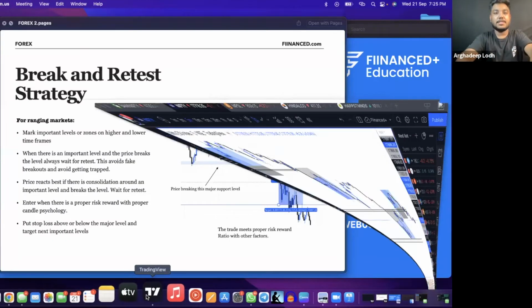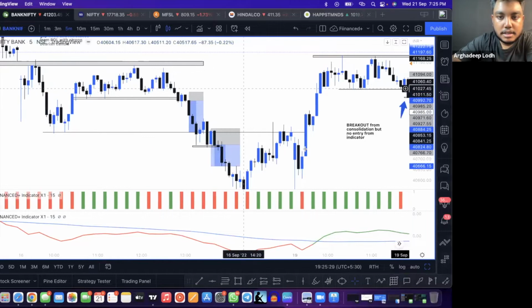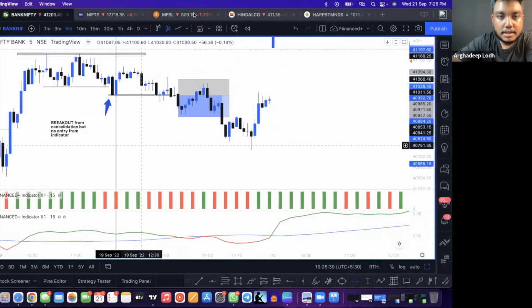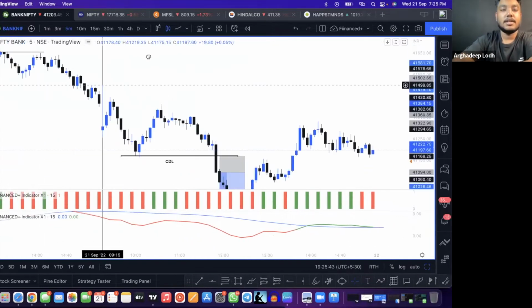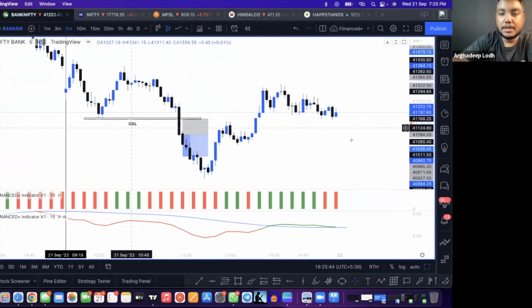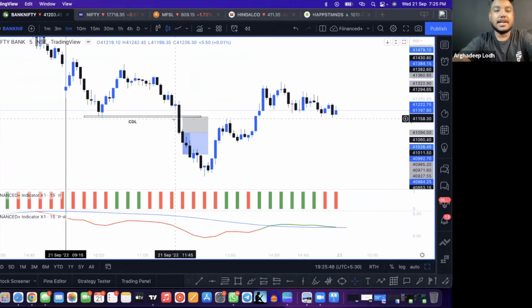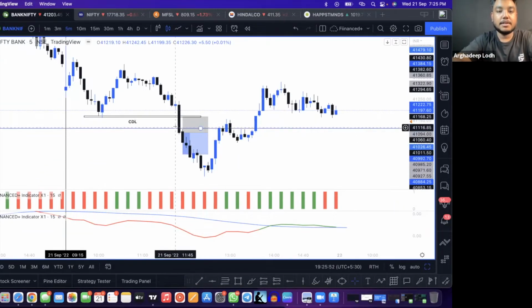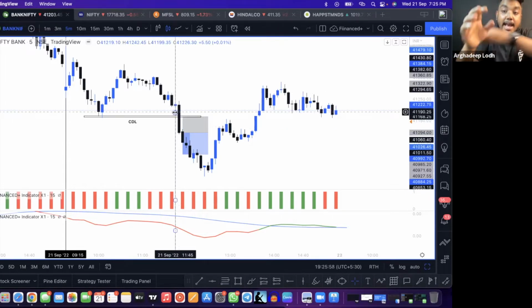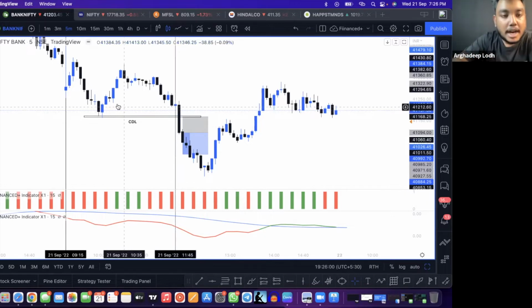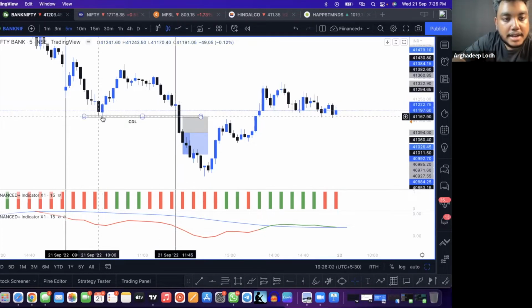Okay, you guys can see my screen. Okay, now let's see. Yeah, I marked it here. See. Okay, this is today's chart, 21st September. I was trading today at 11:45. So when I was trading at 11:45, at that time, the current day low was this level, right?